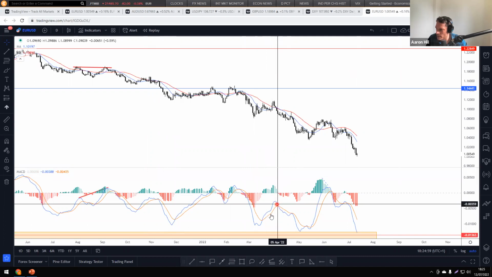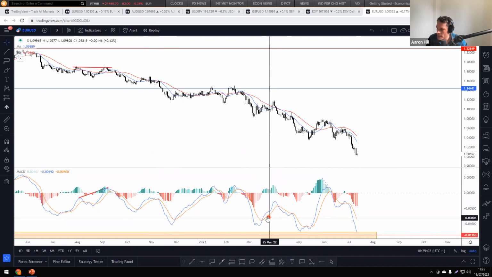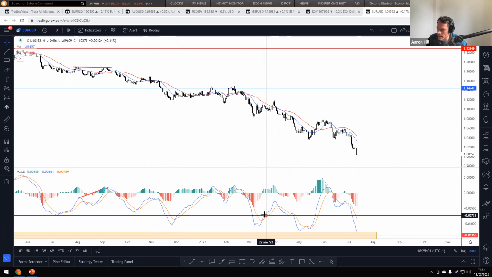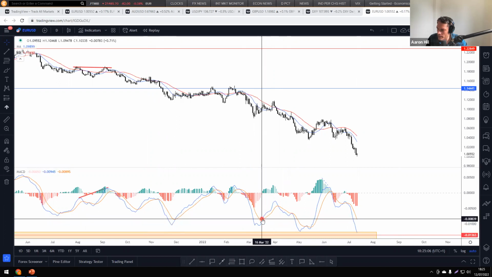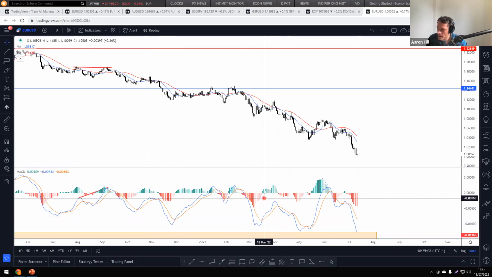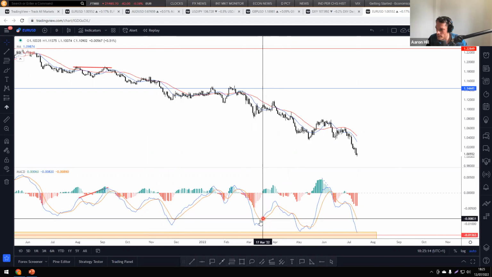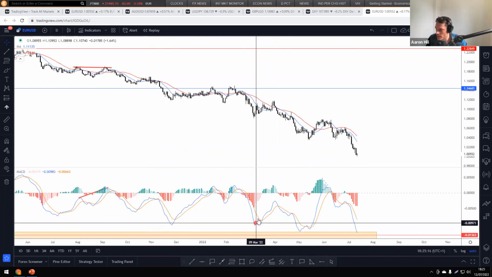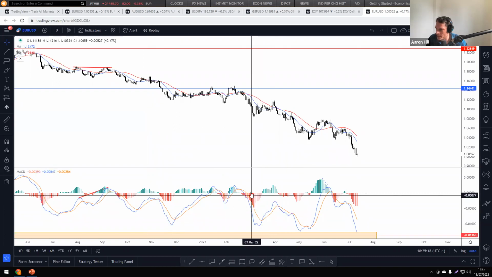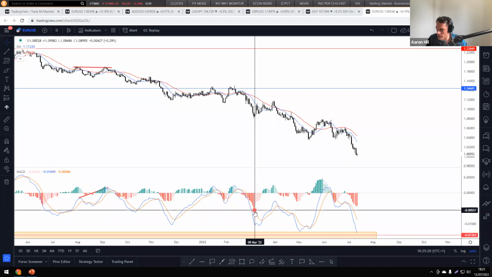When these two lines converge, as you can see here, the MACD line and the signal line have converged, what happens? The histogram also converges because it's measuring the spread between these two values. Here there's a large spread between the two values, and the histogram is deep in the red.